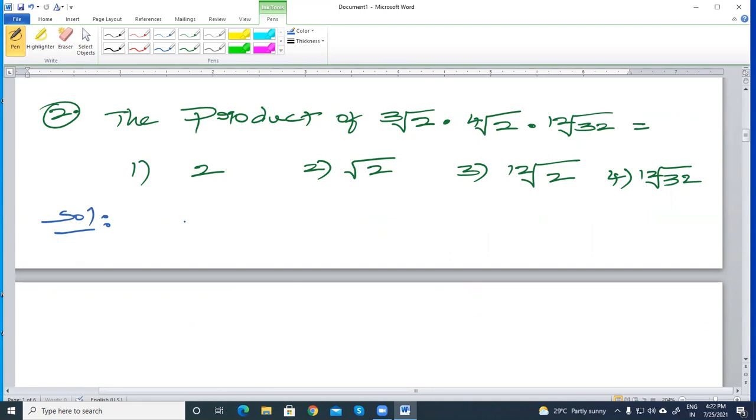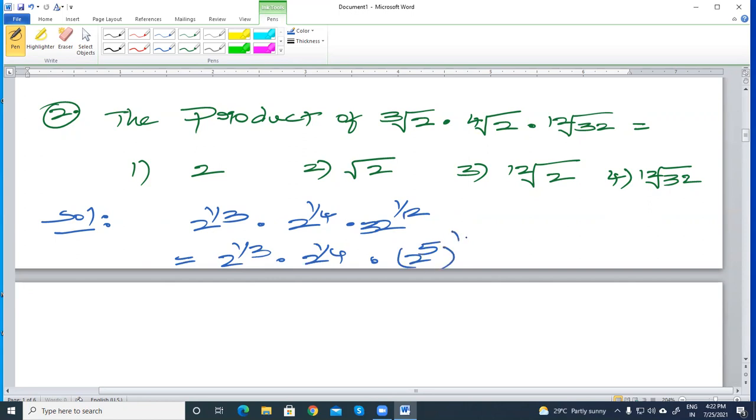How to solve this is, cube root 2 we can write as 2 power 1 by 3, 4th root 2 we can write as 2 power 1 by 4, and 12th root 32, we can write 32 as 2 power 5, whole to the power of 1 by 12.